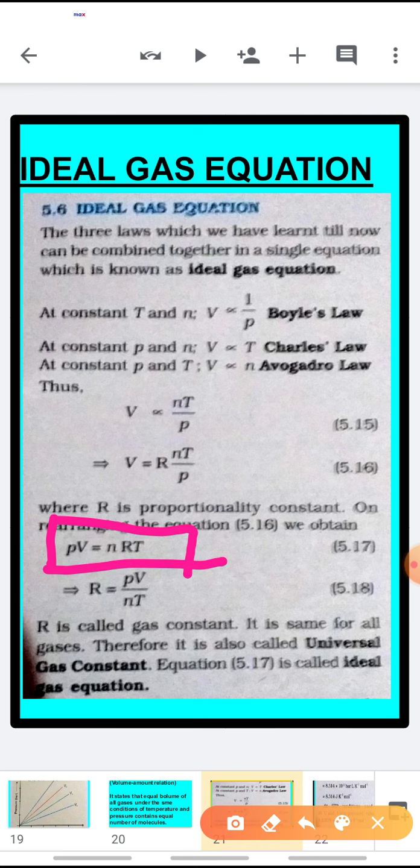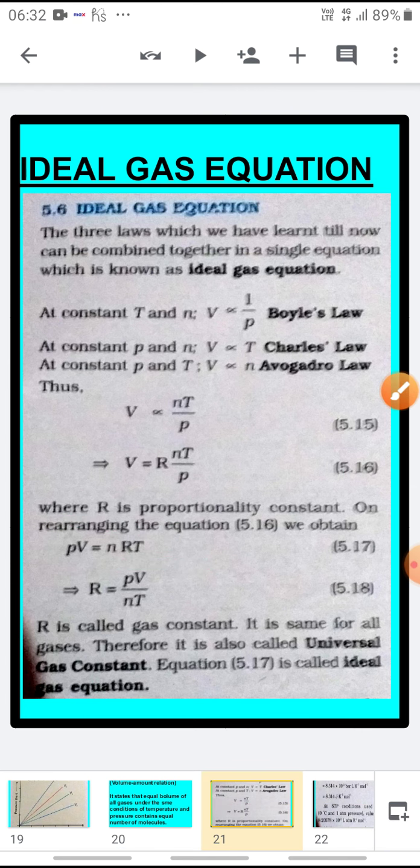What is the meaning of the ideal gas equation? It means that whatever the gas be, if it is following the equation PV equals nRT, then that gas is an ideal gas.